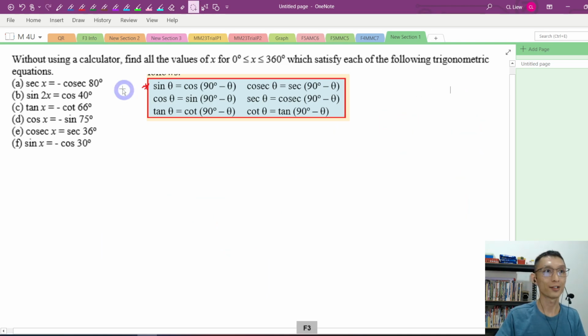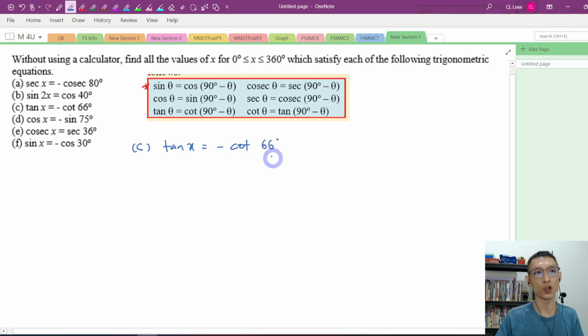Now let's try part C. Tangent x is equal to negative cotangent 66 degree. So this is tangent, this is cotangent, different. So I'm going to change it to become the same. The negative sign, just copy. Cotangent and tangent one group. Still remember?